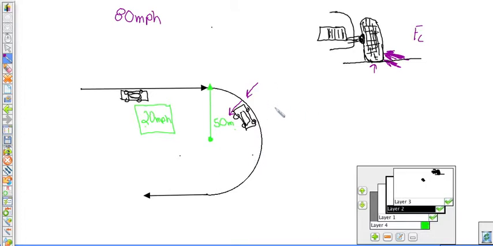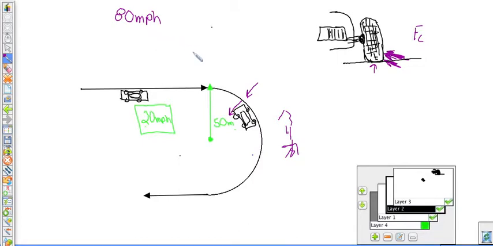And let's say on the other side of this is a cliff, and there are death-defying rocks and trees, and that's what they look like. This is a stick drawing of death-defying rocks and trees, and it looks scary. So if you go flying off of this cliff, you're going to die.